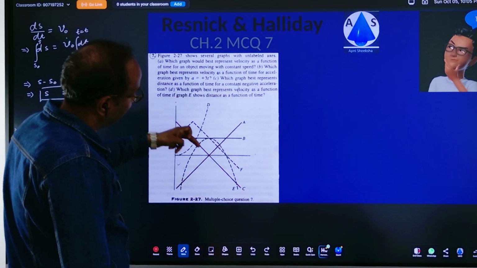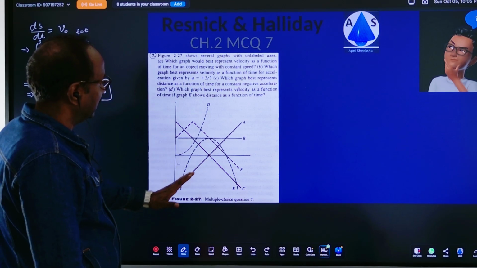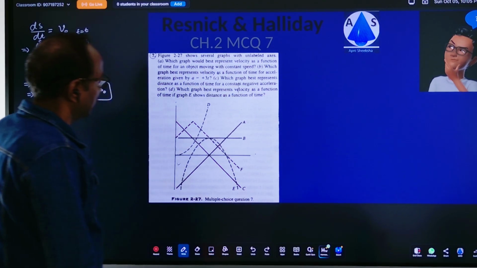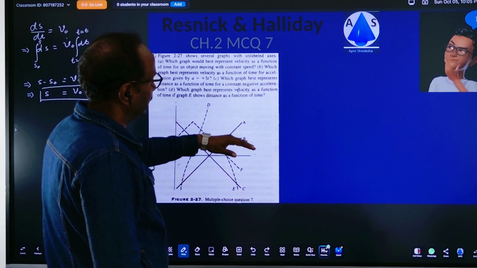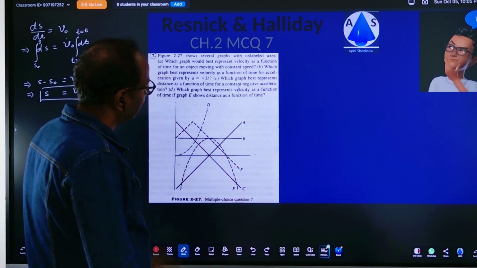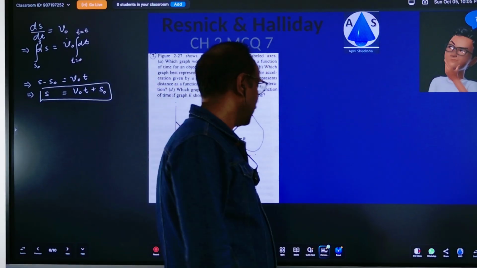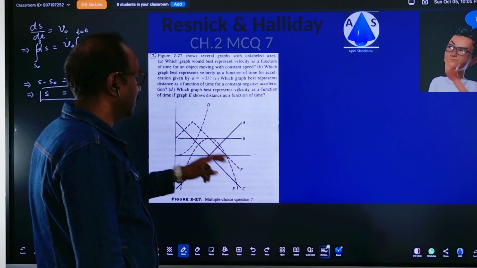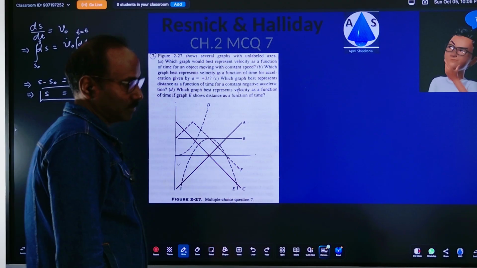One is C, one is A, and one is B. These three graphs are continuous straight lines. F is a straight line in segments, in two segments. One from here to here and then from here to here.